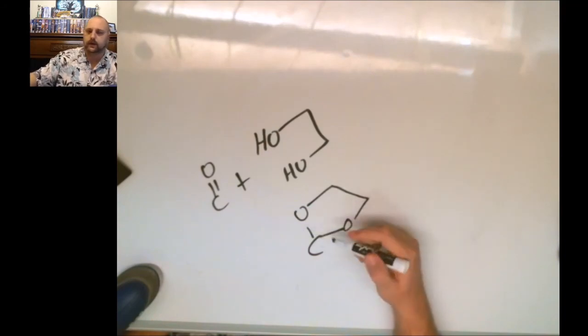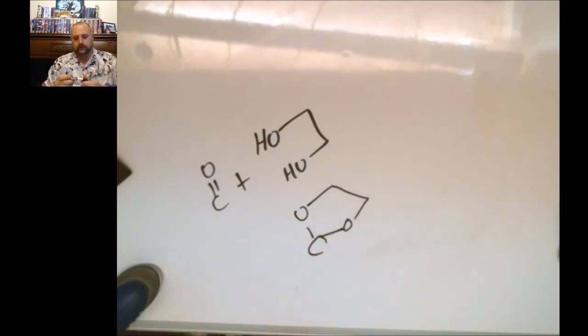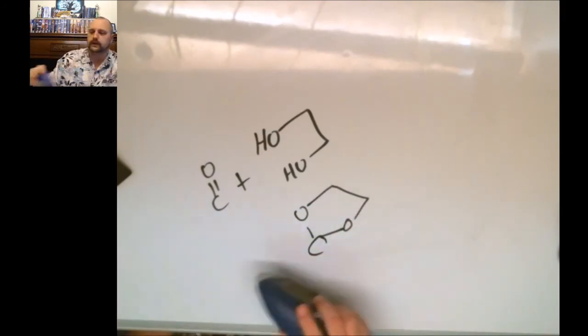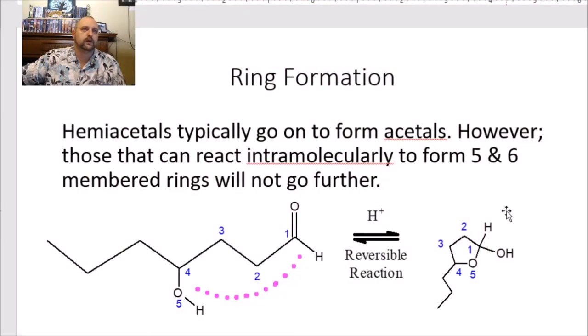And so this is a nice protecting group. Remember, aldehydes, ketones, that carbonyl is very reactive, as well as those alpha carbons, very reactive. So we want to protect them. That's how we do it.